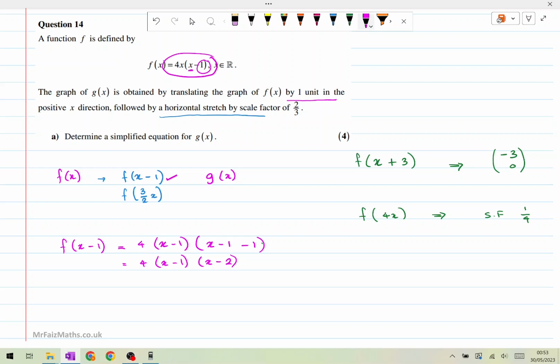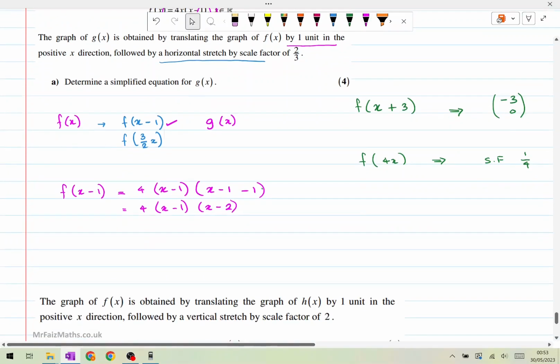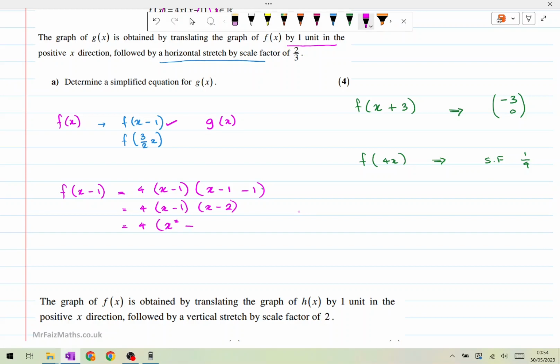What we then need to do is take this function and apply the second transformation. Now, I think it will be easier if we first expanded these brackets. So I'll at least expand the two brackets here, but keep the 4 on the outside. So this is going to be x squared minus 3x plus 2. So that's the first transformation. We then need to apply the second transformation on this.